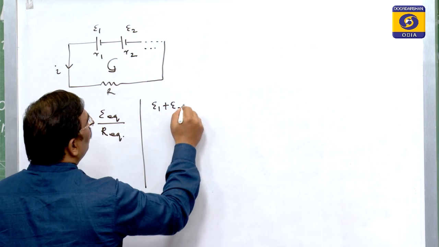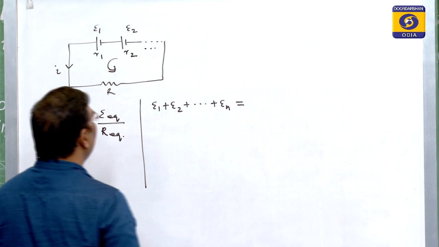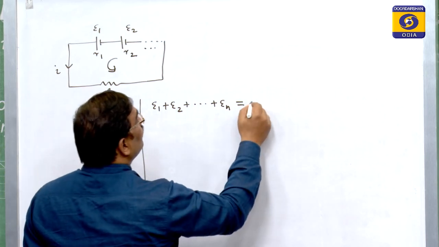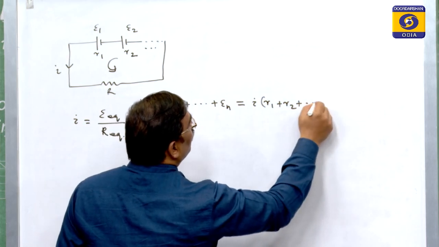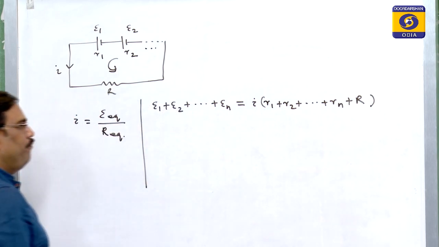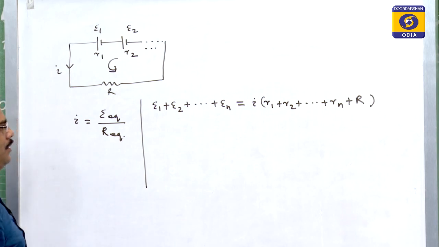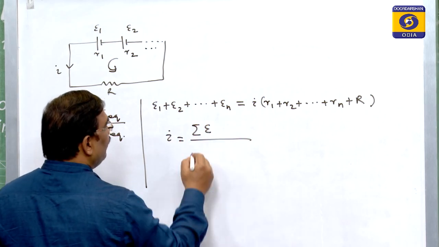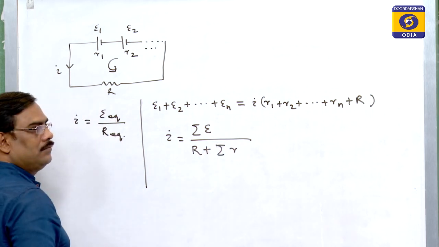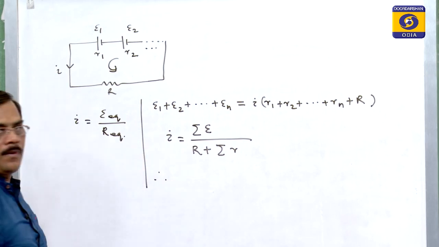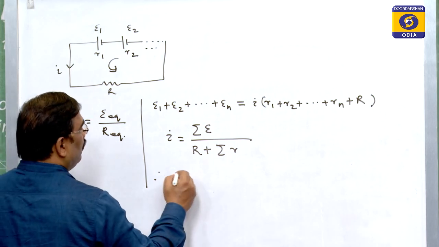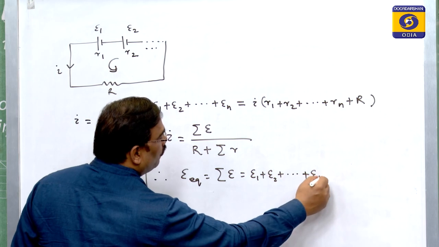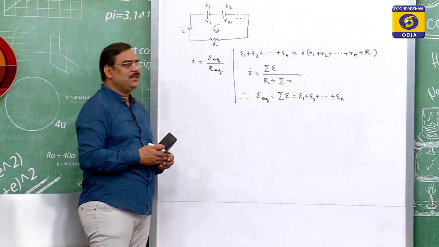I get E1 plus E2 plus dot dot dot up to En equal to, since current is in the same direction as I am going, I times R1 plus R2 plus dot dot dot plus Rn plus capital R. So, I equals summation E divided by R plus summation R. Comparing these two equations, I can infer that E equivalent equals summation E, that is E1 plus E2 plus dot dot dot up to En, in case of series grouping of dissimilar cells.